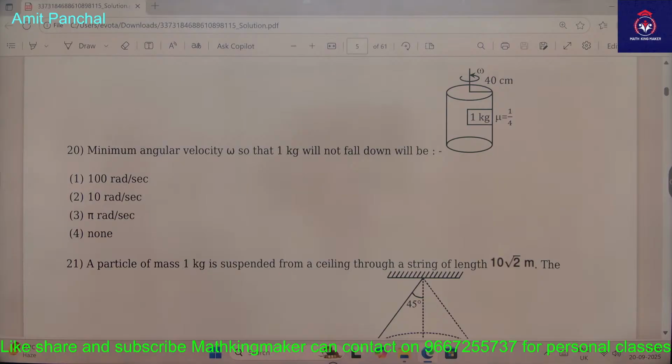So what is minimum angular velocity? Just remember, I told you to find minimum angular velocity.